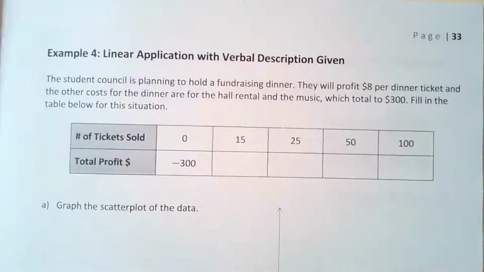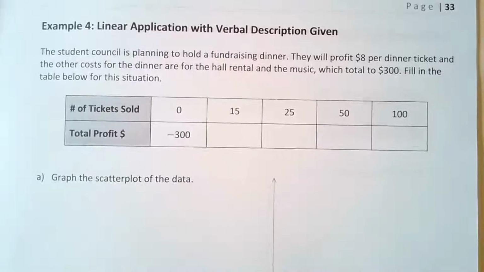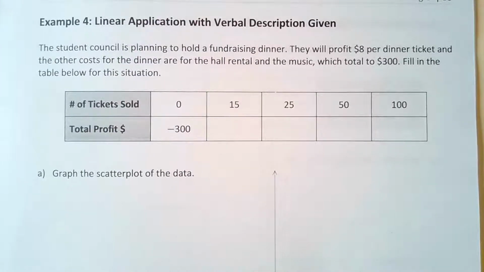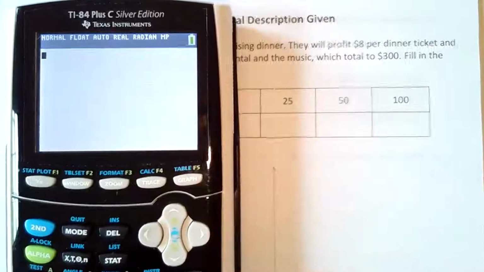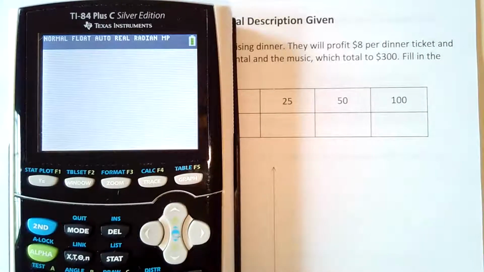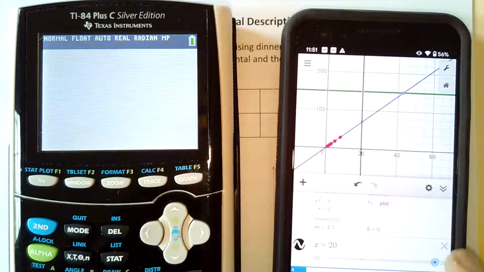So this is on page 33 of your booklet. And as in previous ones, we'll need your graphing calculator, or if you're using Desmos, you probably want to use Desmos also.